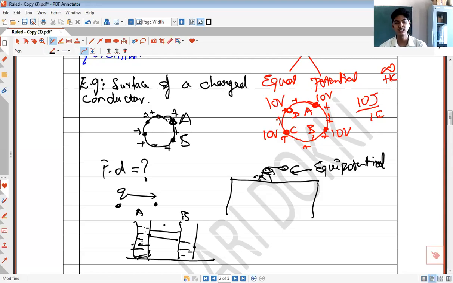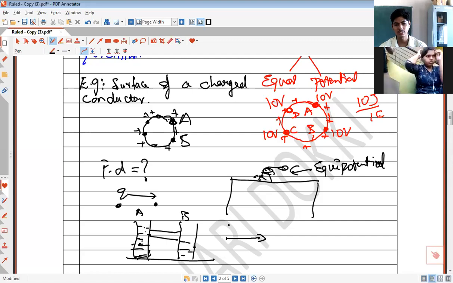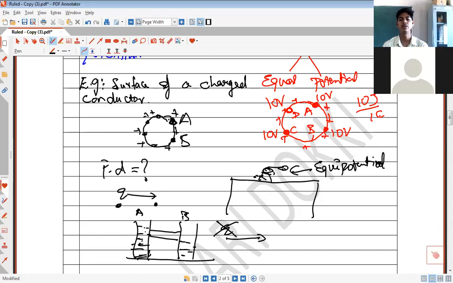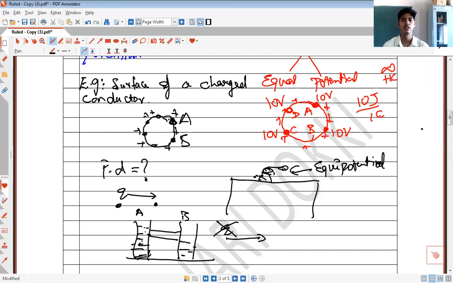If charge doesn't flow, there will be no electric current. Hagadre, on the body of the bird, what is the potential difference between any 2 points? The potential difference between any 2 points on the body of the bird is 0.